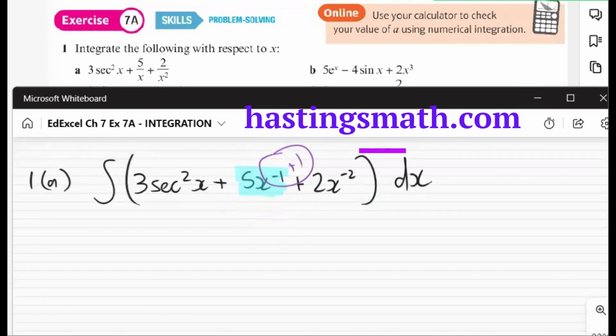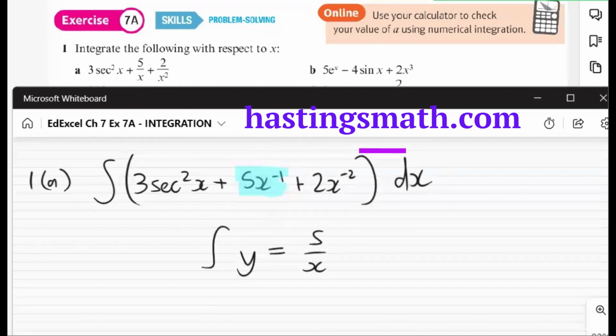So plan B is when we have questions in this form, 5 over x, and this is a 1. Not when it's higher than a 1, but if it's a 1. So if we had, for example, that our y was equal to 5 over x, then if we want to integrate our y, integrate 5 over x is going to be the numerator times ln of the absolute value of x.